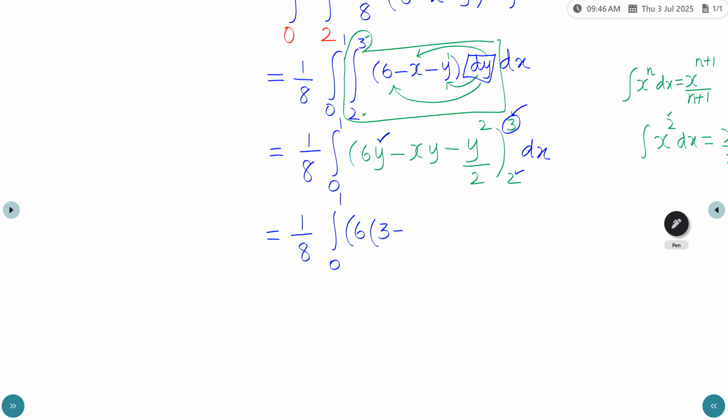Lower limit value 2. So 6 into (3 minus 2) minus x, the variable stays the same, but in the place of y we substitute the upper and lower limits: minus 3 squared by 2, the upper limit value, minus 2 squared by 2, the lower limit value, into dx.